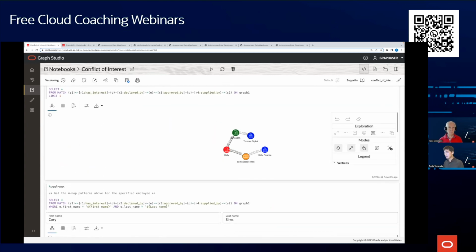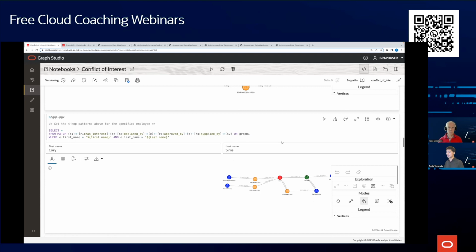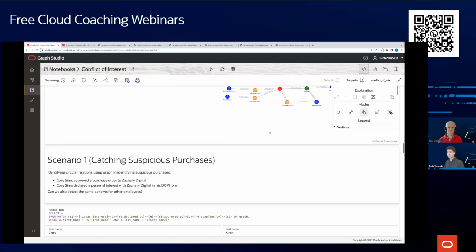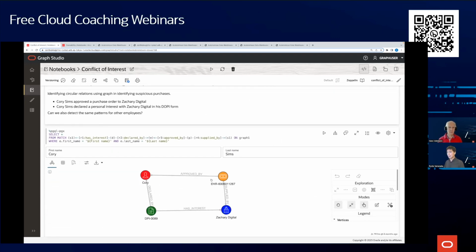So here, in this case, Kerry approved this purchase from this supplier, and Kerry has personal interest against this supplier. There's no problem here, but eventually we would like to find the cyclic paths like this, right?